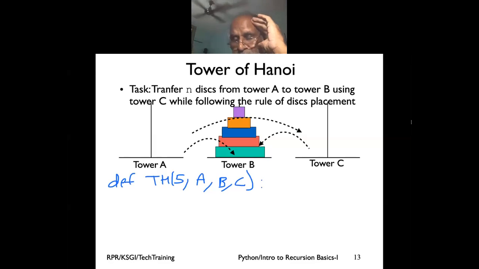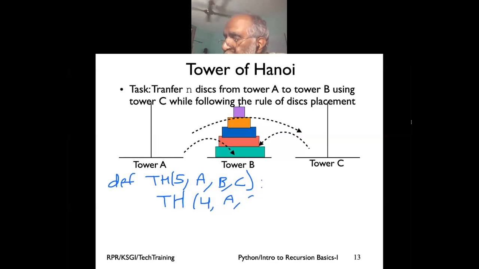This is my problem. Are we okay with it? I'm defining the problem. What I can do is call TH itself, the same program, using size 4, move from A to C using B. I'm using the same program.